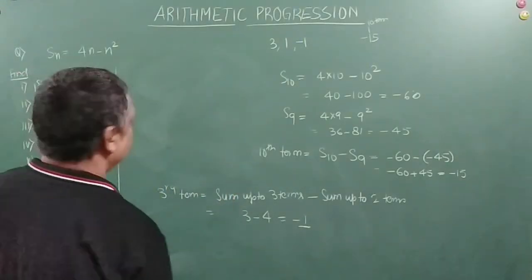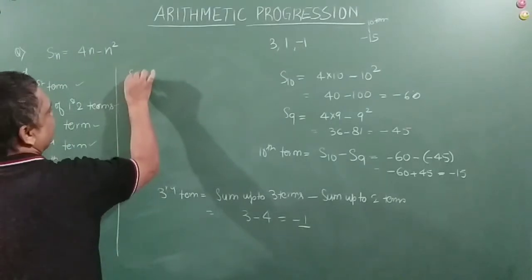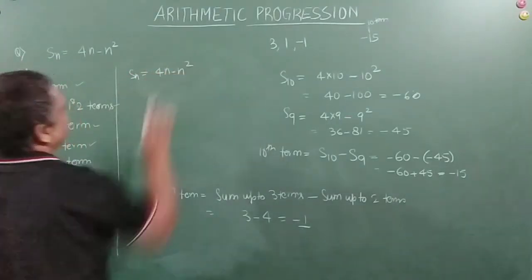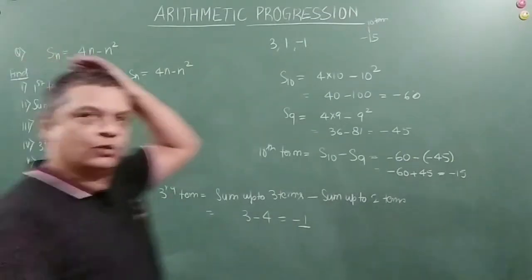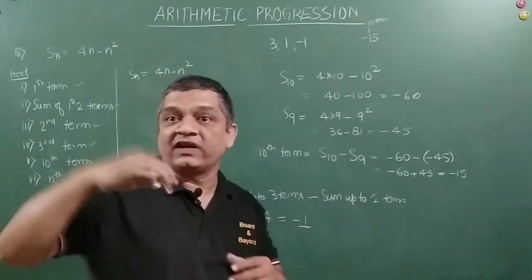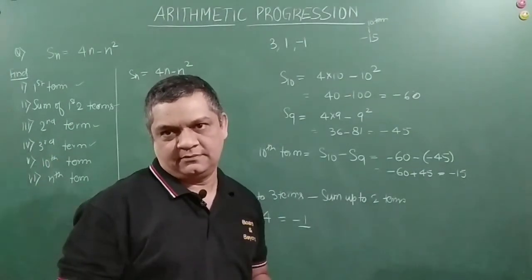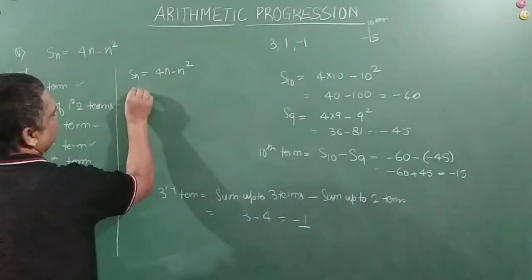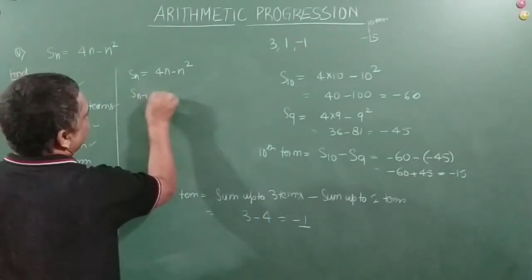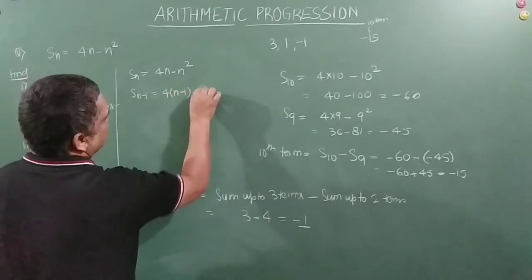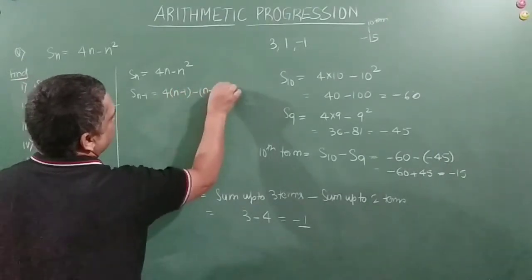Right. So Sn is already given to us to be 4n minus n square. The sum up to n terms we already know, right? So if I find out the sum up to the n minus 1th term, then we can find the value of the last. So S(n minus 1) will be 4 into n minus 1 minus n minus 1 whole square.